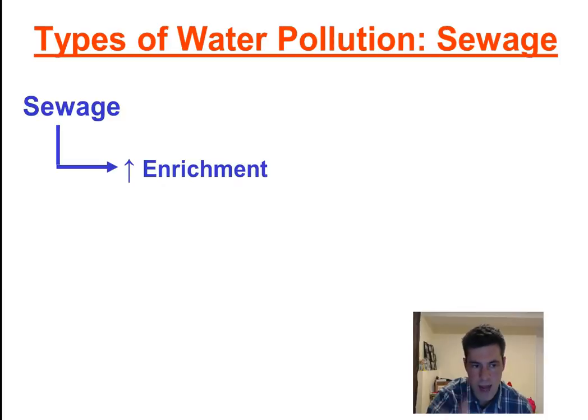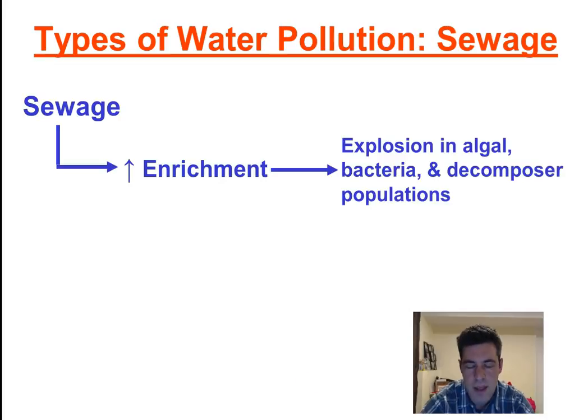So what happens is that sewage goes into the water, and that causes a nutrient enrichment of the water. A ton of nitrates and phosphates get in there, and this is the real story of eutrophication, something that we've gone over and talked about. When that happens, you get an explosion of algae, an explosion of bacteria, and then a tremendous amount of decomposition happening within the water.